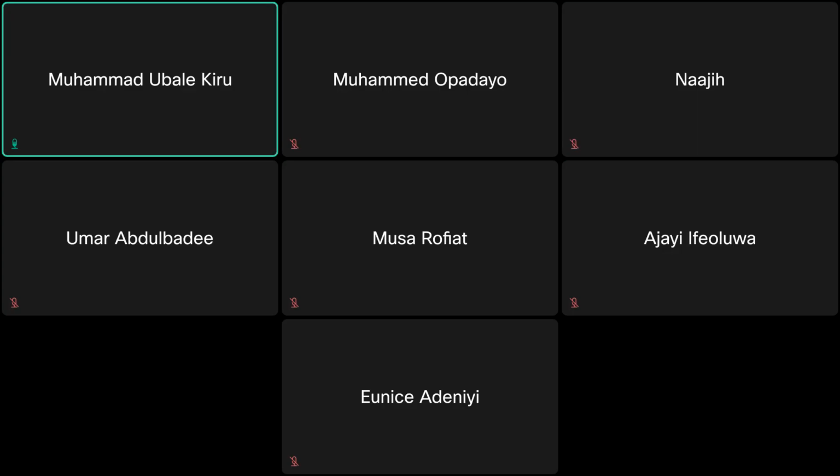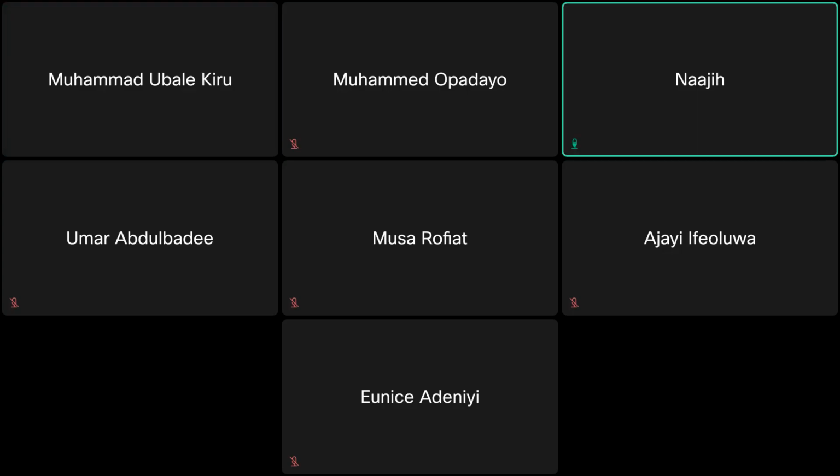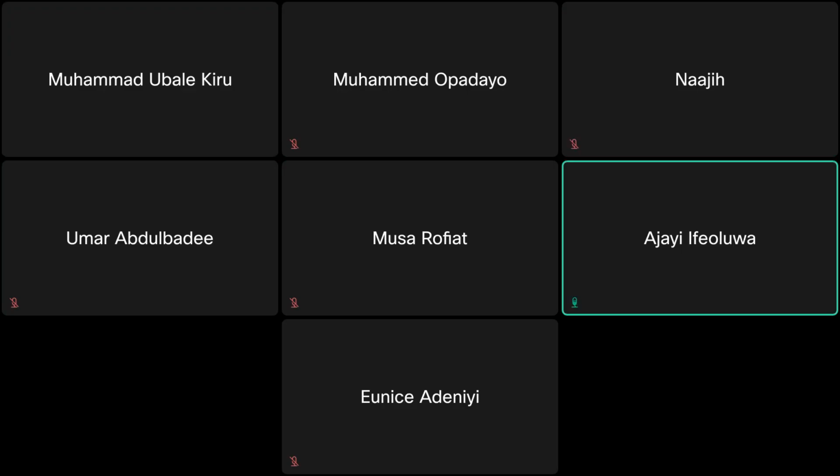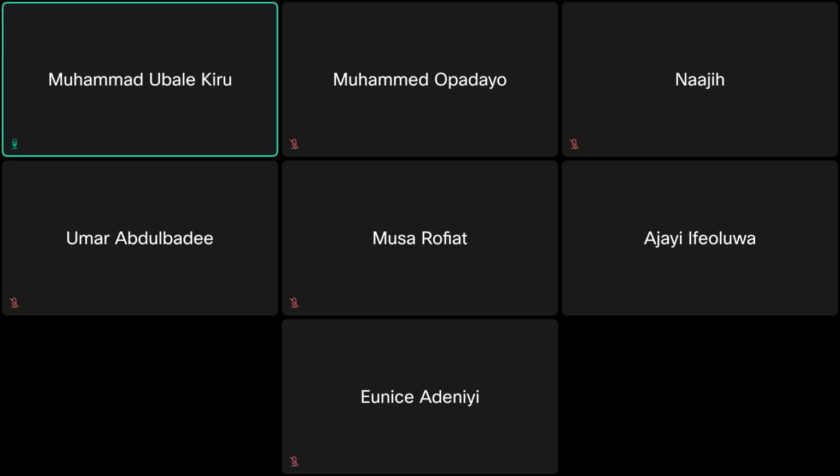Your screen is not visible. Repeat that again. I think you are the only one. Let's hear from the others. Can you see my screen, students? No, sir. You can't see your screen. Okay, let me see what I can do.